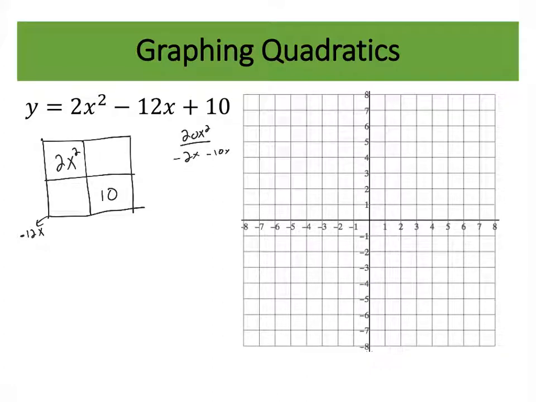Okay, so I'm actually just going to erase that because I'm probably going to need that space. Negative 2x and negative 10x multiply to positive 20 and add to negative 12.